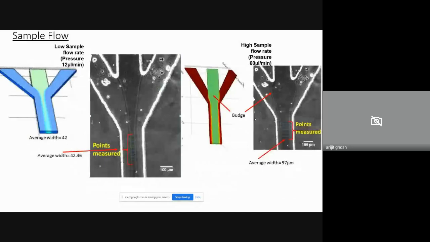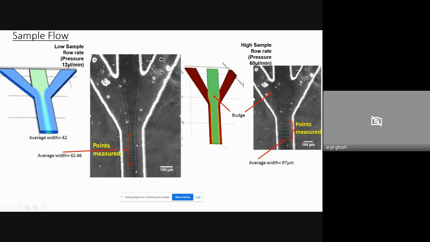Now, in this slide, we'll discuss the sample flow rate. I have previously said that there are three types of sample flow: high, medium, and low. These pictures are actually the inside picture of a flow cell.